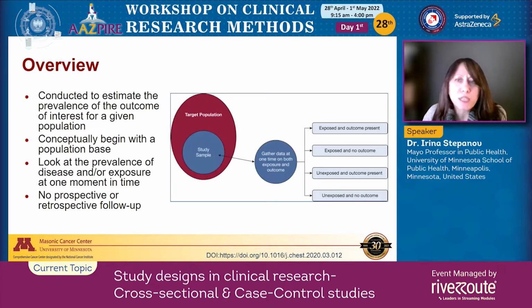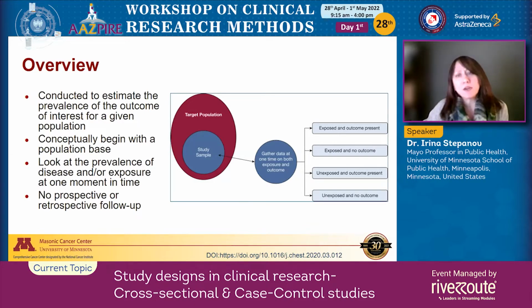So cross-sectional study designs are typically used for population-based surveys and also to assess the prevalence of diseases in clinic-based samples. And these studies can usually be conducted relatively faster than, for example, longitudinal cohorts.